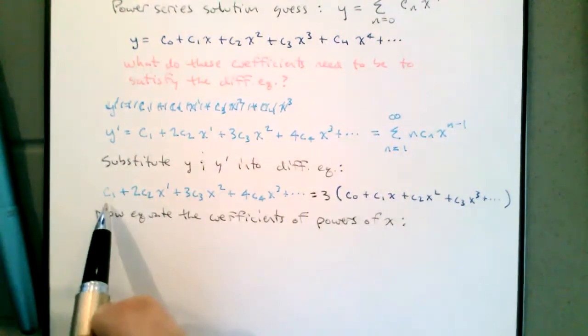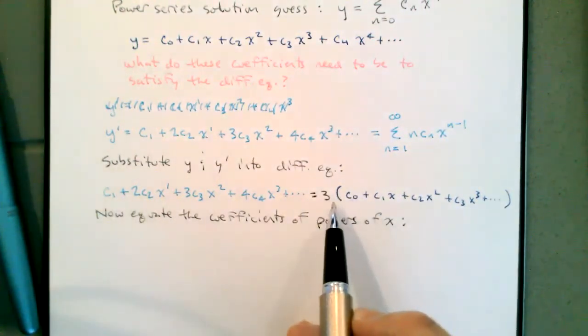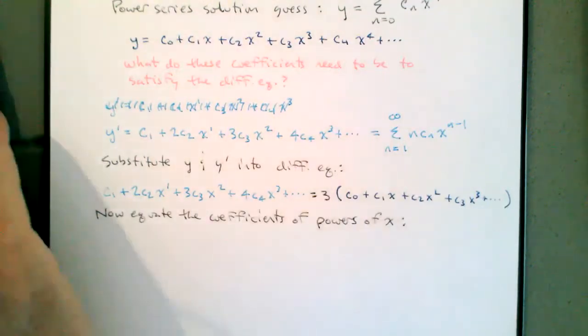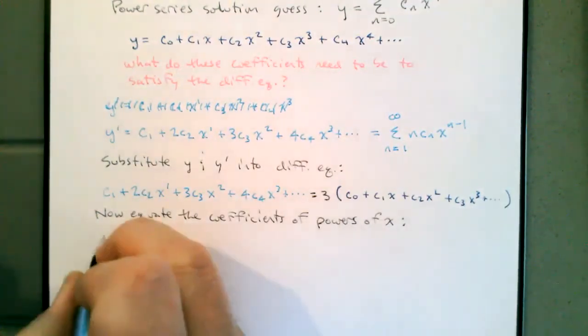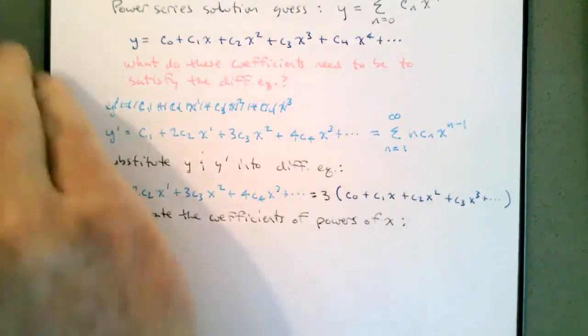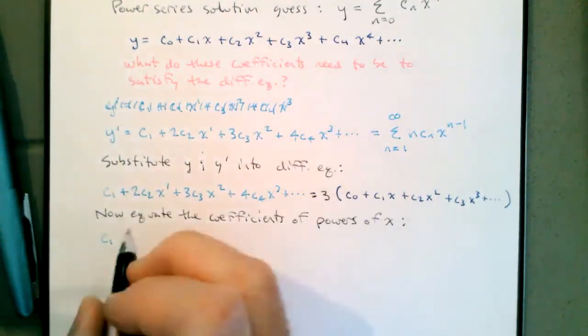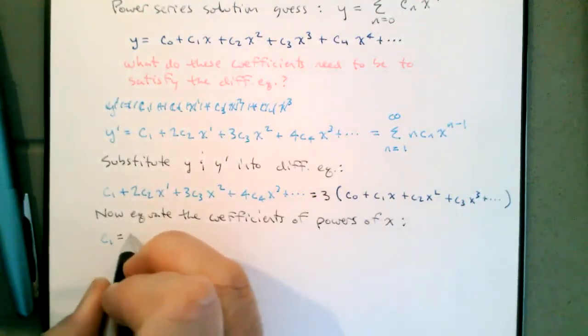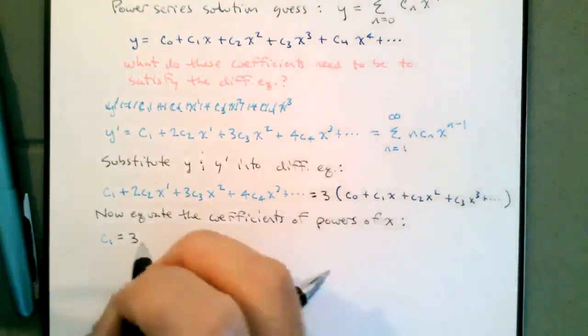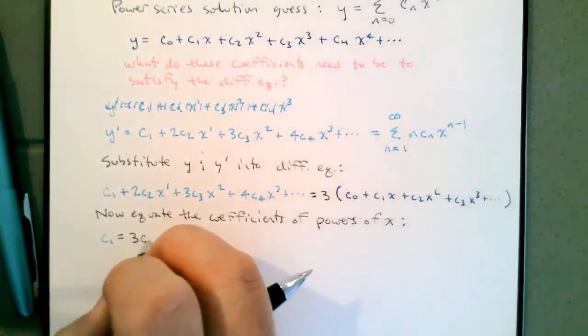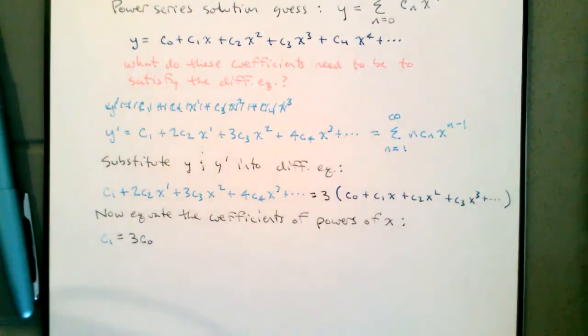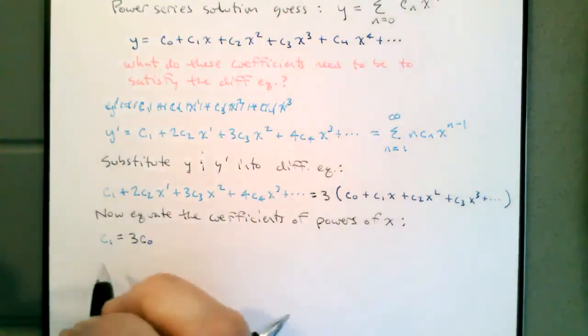So the constant on the left is c1. The constant on the right is 3c0. So that means that c1 has to equal 3 times c0. The coefficients of x must also be equal.